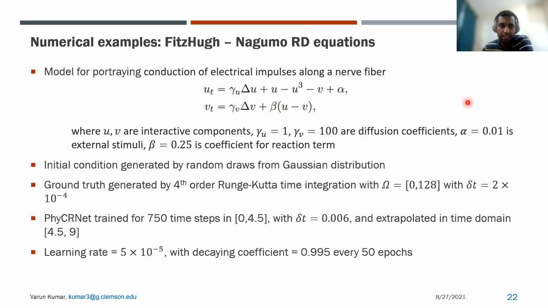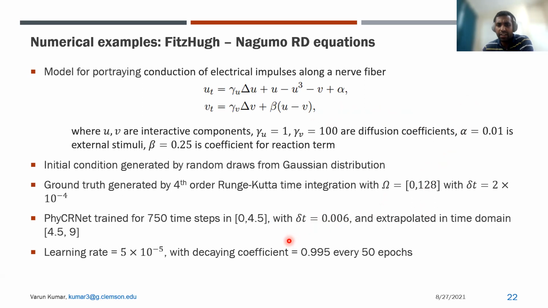The third set of examples they present is for a FitzHugh-Nagumo RD equation. These equations are used for portraying conduction of electrical impulses along a nerve fiber, and it's represented by the set of equations that you see here. For this particular problem, the initial conditions were generated using random draws from a Gaussian distribution, and the ground truth was generated using a fourth-order time integration method.